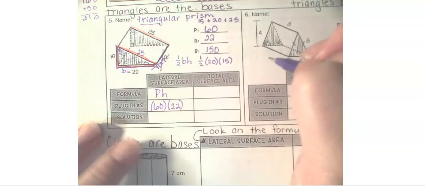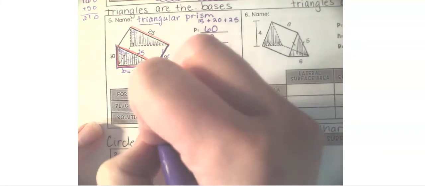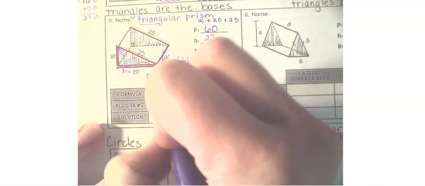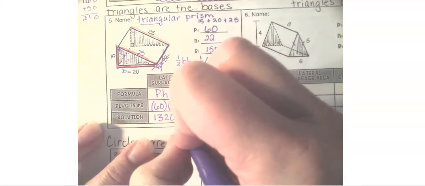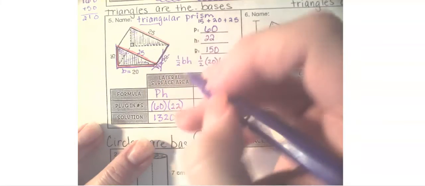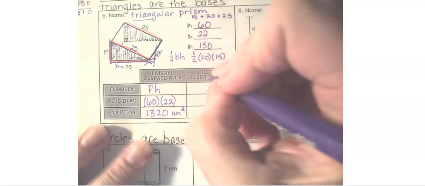H is 22. When I multiply those two together, I should get 1,320. Whatever the units are, this one does not have inches, centimeters, feet, or anything on it. So the units squared.